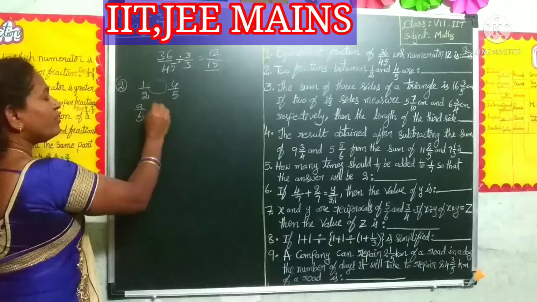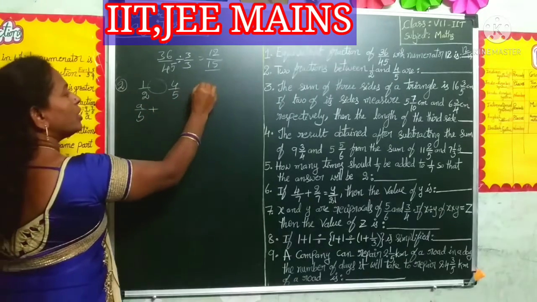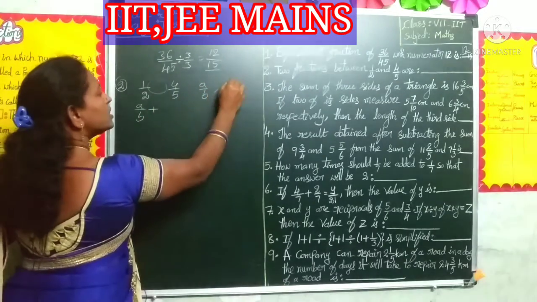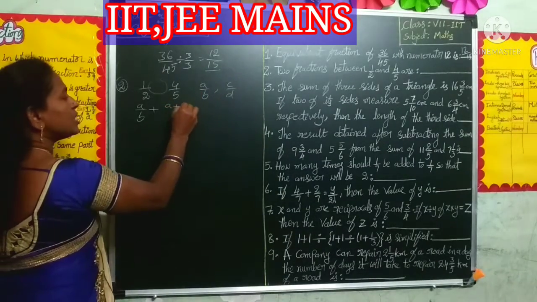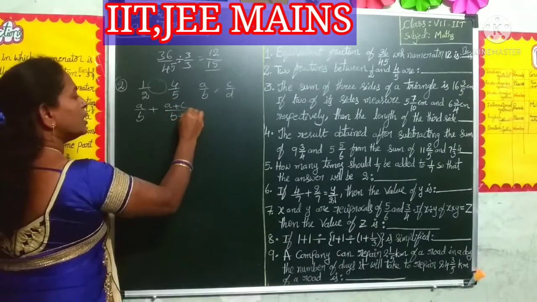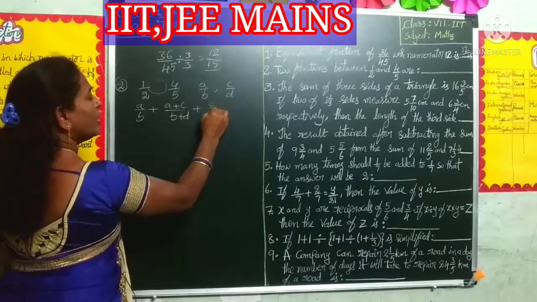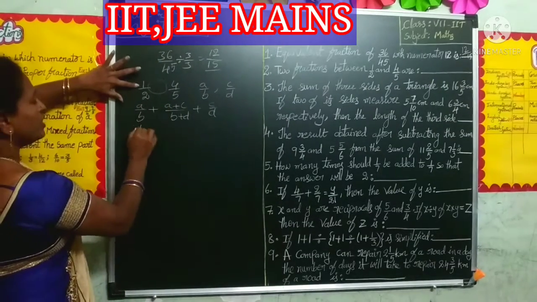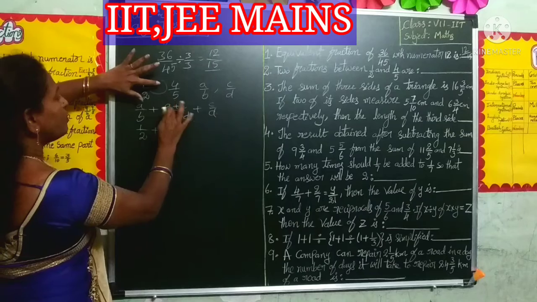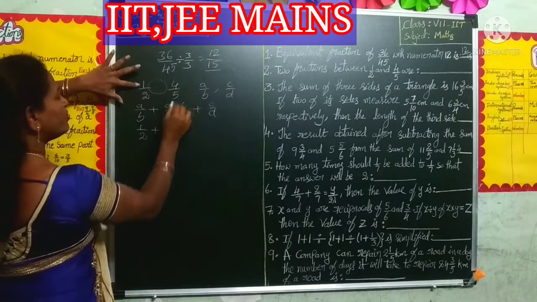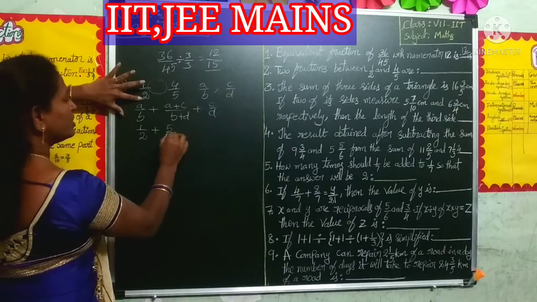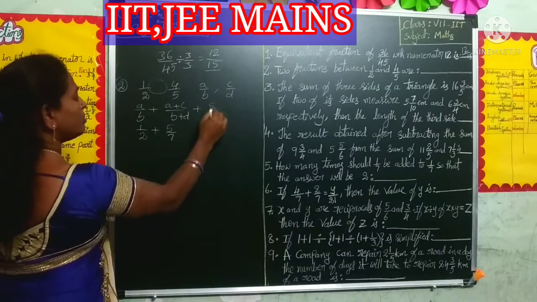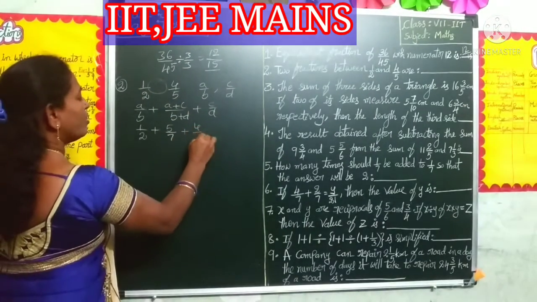Between them the fraction is a plus c by b plus d. So a plus c means 1 plus 4, 5, and b plus d means 2 plus 5, 7. So 5 by 7.